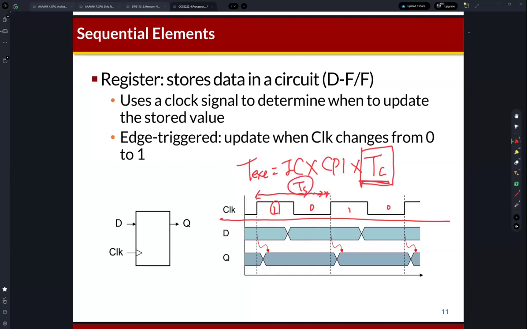So this is the clock signal, and you can just observe the clock period. This clock period determines the performance, which means the execution time of a system. Then why?